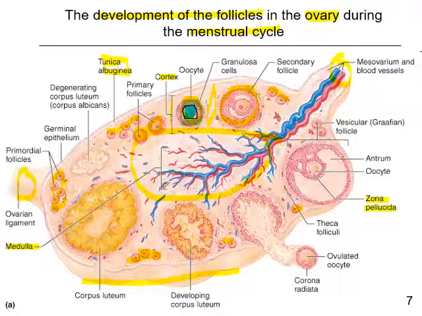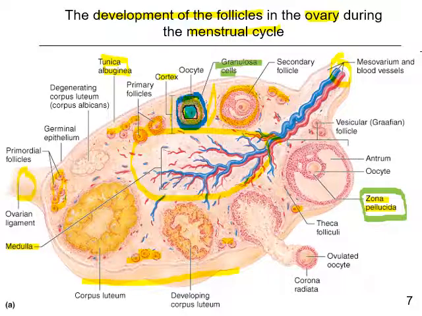The granulosa cells surround the oocyte that is covered by a layer called the zona pellucida. On the outside of the granulosa cells is going to be a third layer of cells called the theca.